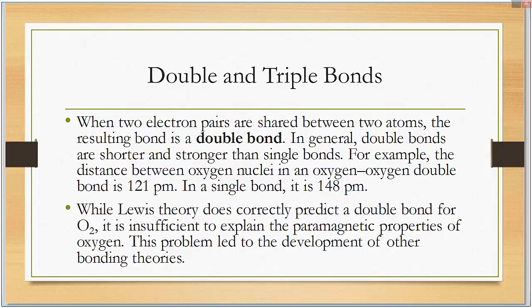So a double bond is 2 electron pairs, and they are shorter and stronger. While Lewis theory does correctly predict a double bond for O2, it is insufficient to explain the paramagnetic properties of oxygen. This problem led to the development of other bonding theories. We will not discuss these in this class.